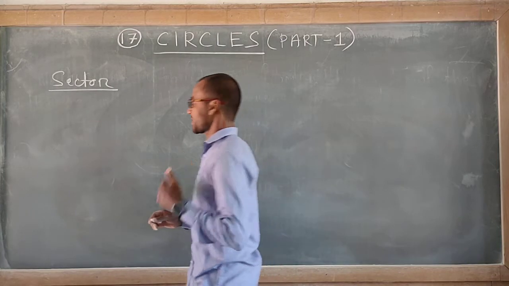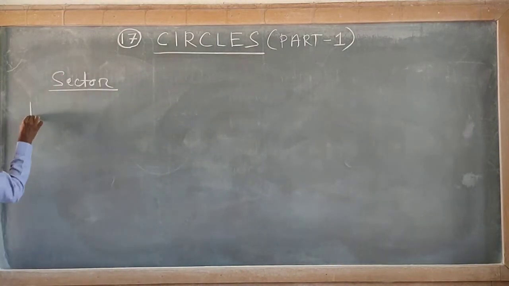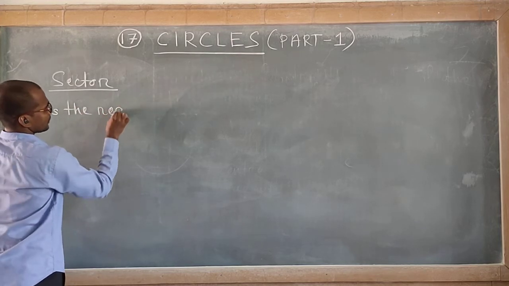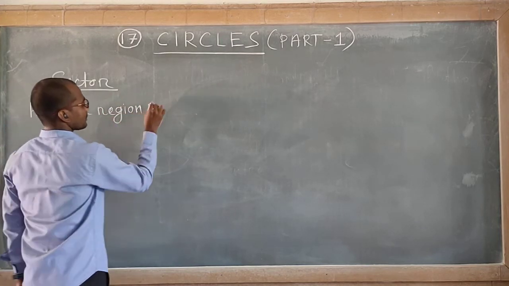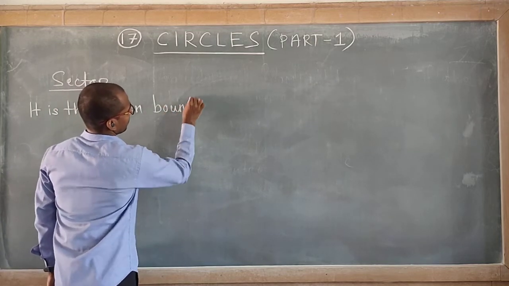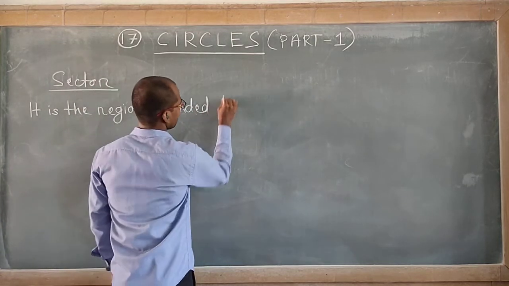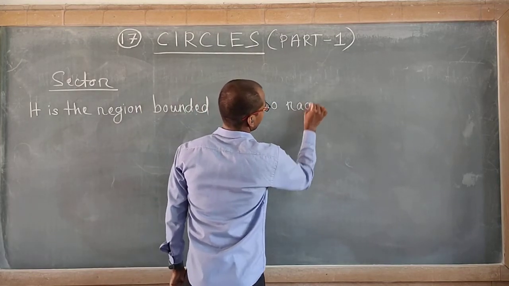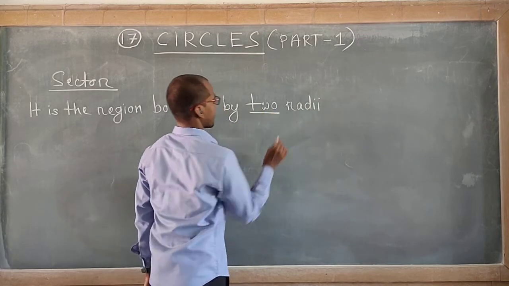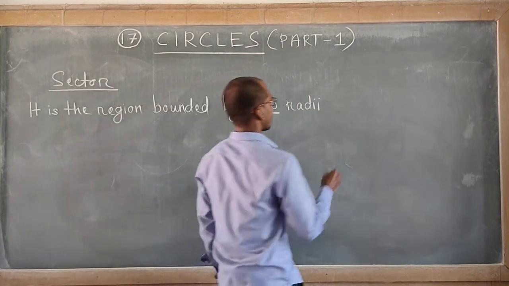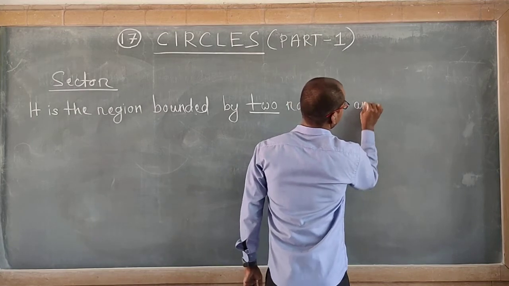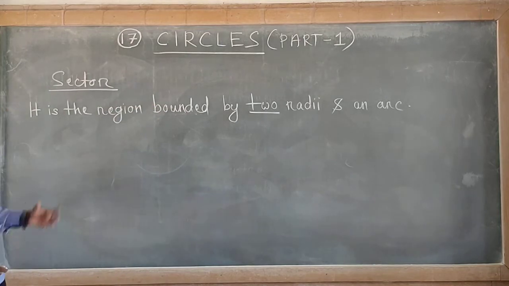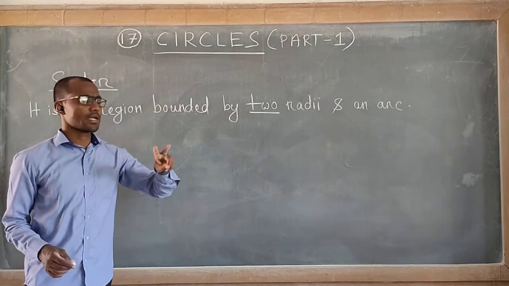It is the region bounded by two radii and an arc. So remember the definition. It is the region bounded by two radii and an arc.